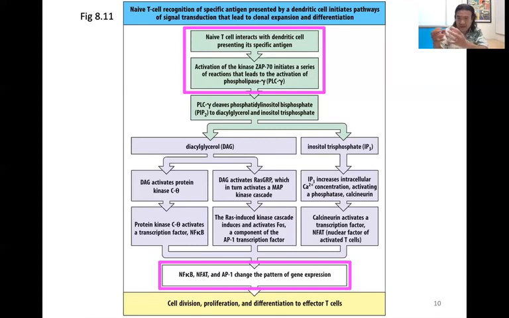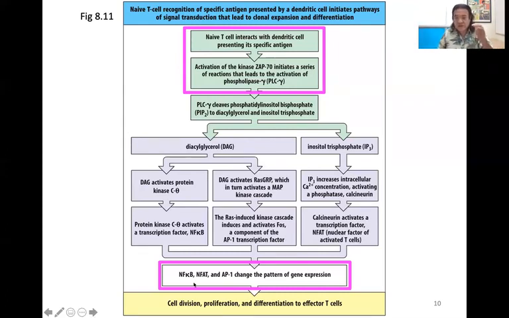Then the ZAP70 protein that was floating by binds to it and gets phosphorylated. Now that phosphorylated ZAP70 initiates a series of reactions. You can just imagine everything in between is numerous different proteins talking to other proteins in a whole series of events.